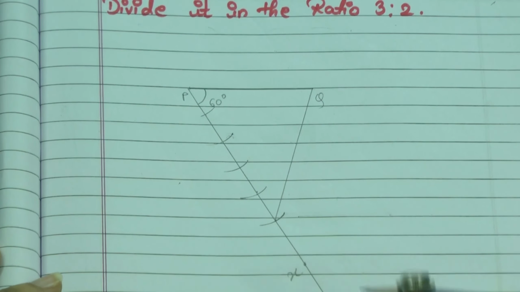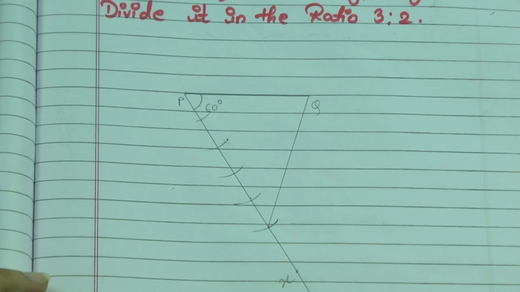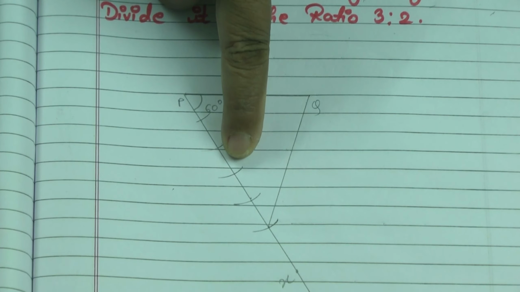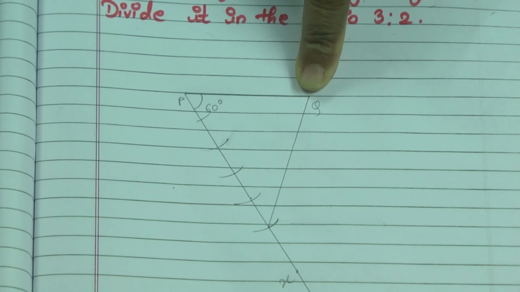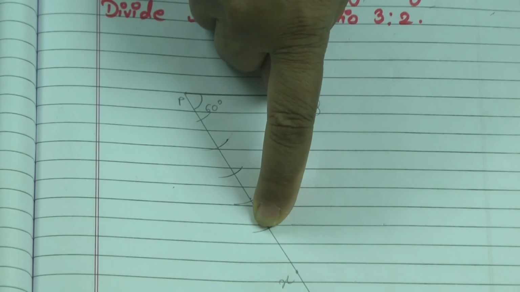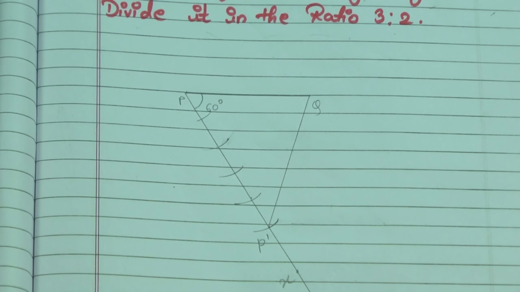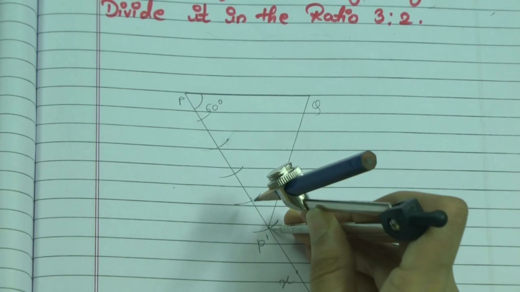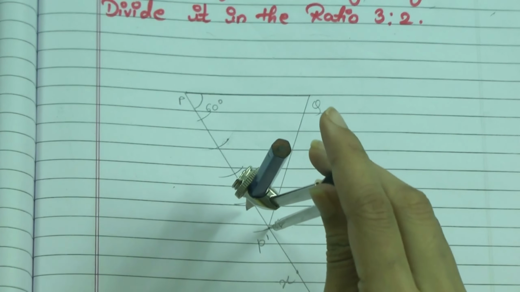Now children, as we have to divide this line into 3:2 ratio, see, on the third part, we have to draw a line which should be parallel to QP dash. For that, we know two parallel lines have corresponding angles equal.